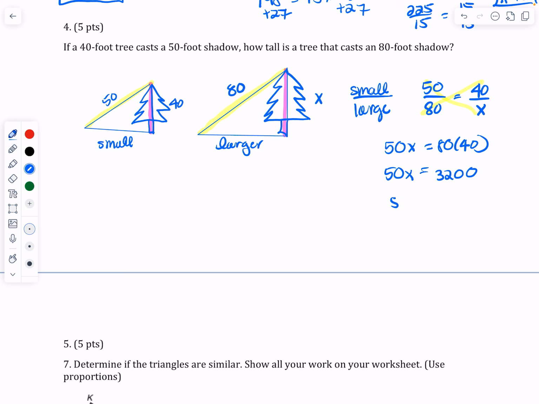Now my last step is to get x by itself, so I'm going to divide off the 50. So I get 3,200 divided by 50. And when I do that, I get 64. So the tree is 64 foot tall. Okay, so that was number 4.